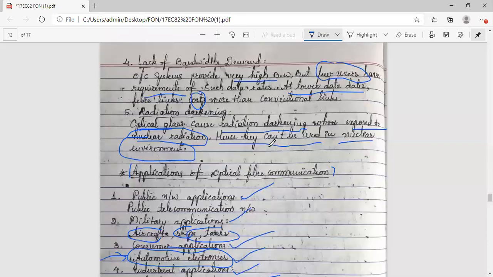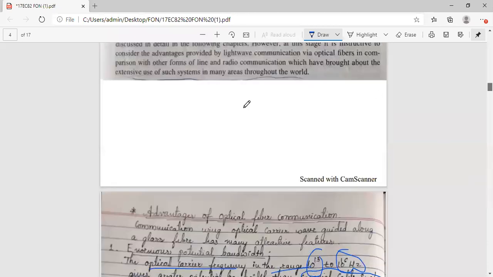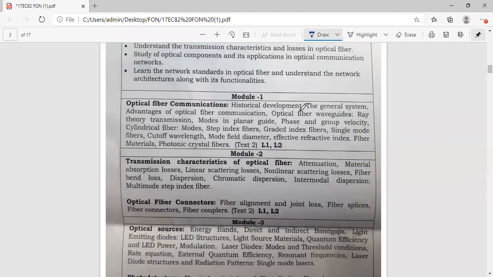So what all we have covered till now? We have seen the historical development, the general system, advantages of optical fiber communication. So we have to move on to optical fiber waveguides and ray theory transmission.